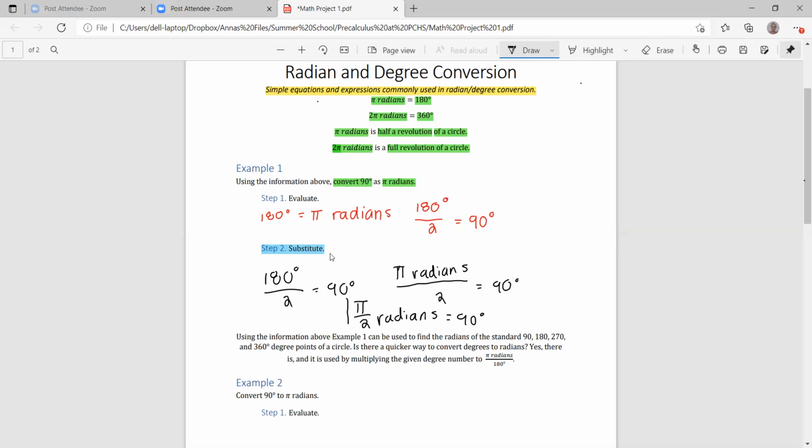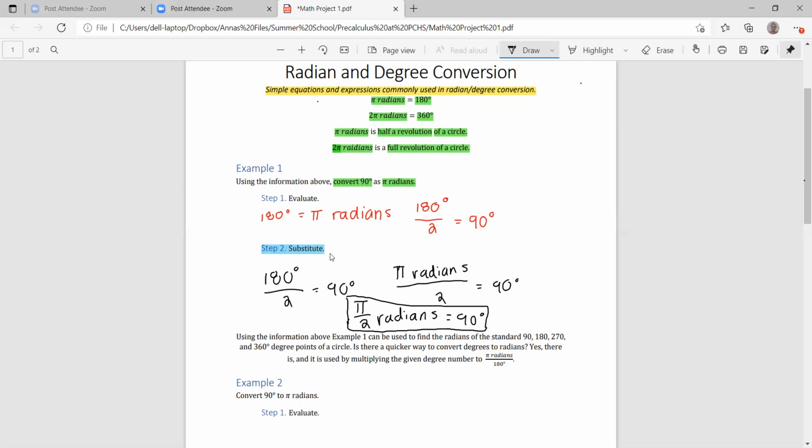So what we did is we used these equations above to convert 90 degrees to radians. And this is correct, but you can find a lot of points on the circle, whether radians or pi's, by using a simple fraction.